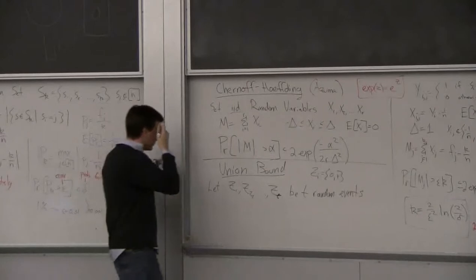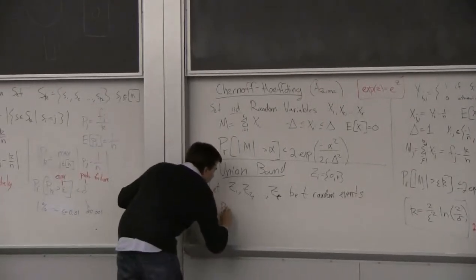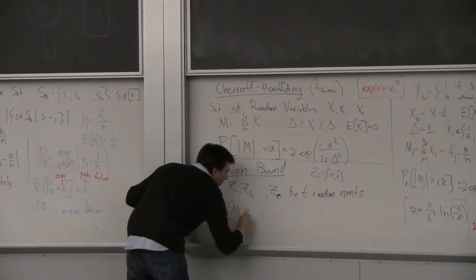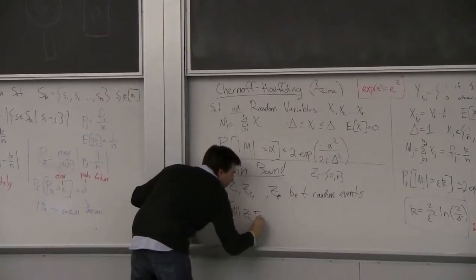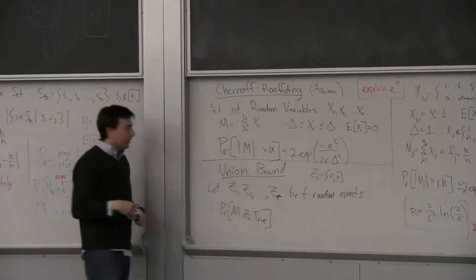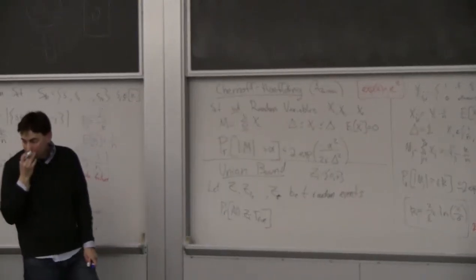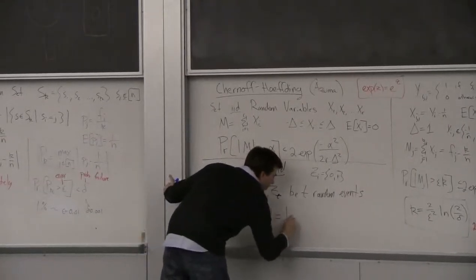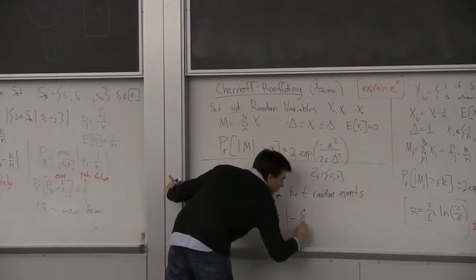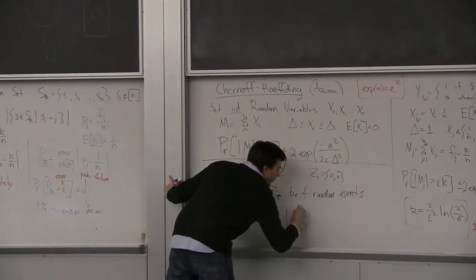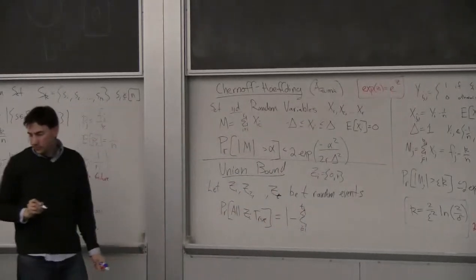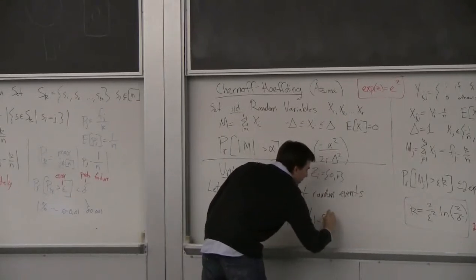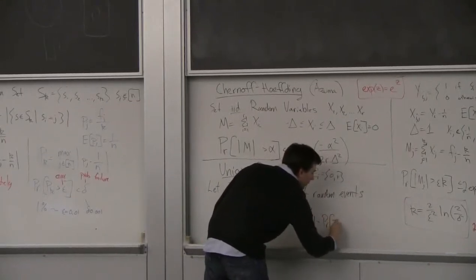Now I want to say the probability that all Zi are true, so the probability that all these events occur, is going to be equal to 1 minus the sum from i equals 1 to T of one minus the probability that Zi is equal to 1.